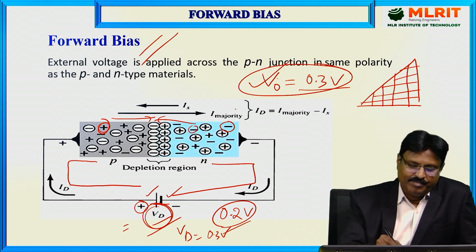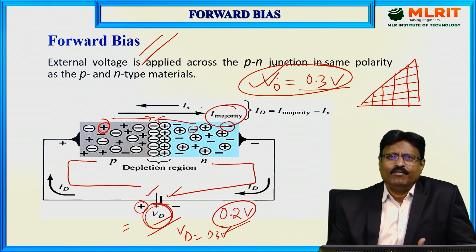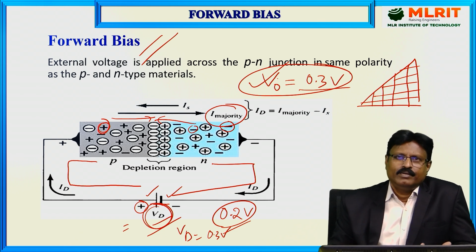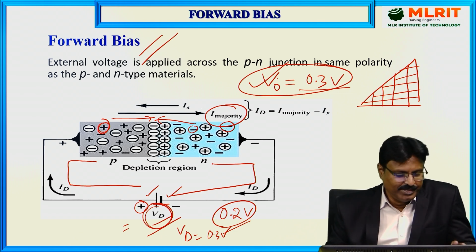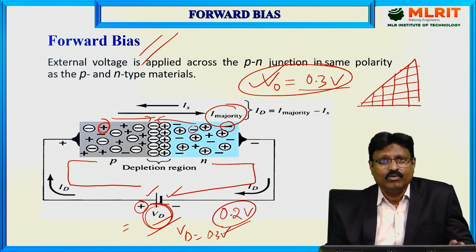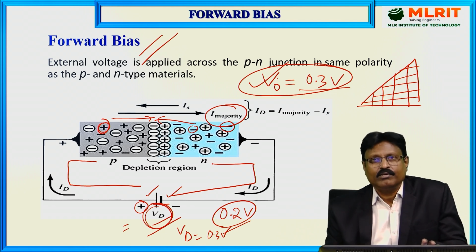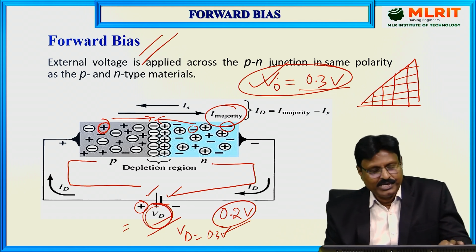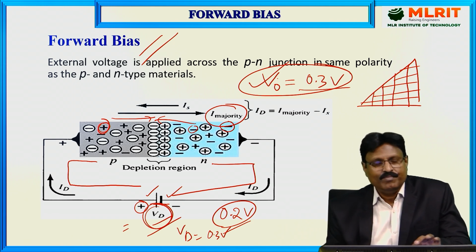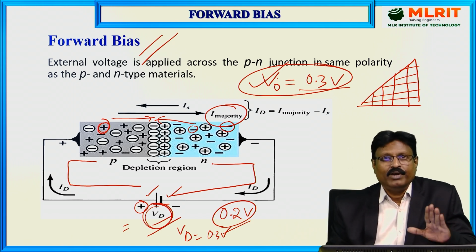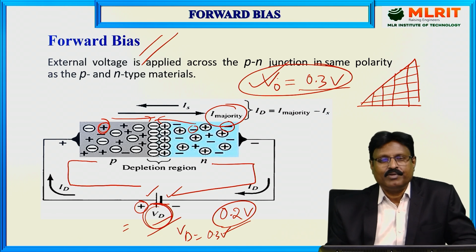I call it I majority. Why I majority? Because this is happening due to the movement of majority carriers. That means the majority carriers in the p side are holes, and the majority carriers in the n side are electrons. Holes will move from the p side to the n side and electrons will move from the n side to the p side whenever the applied voltage is greater than the barrier potential voltage.